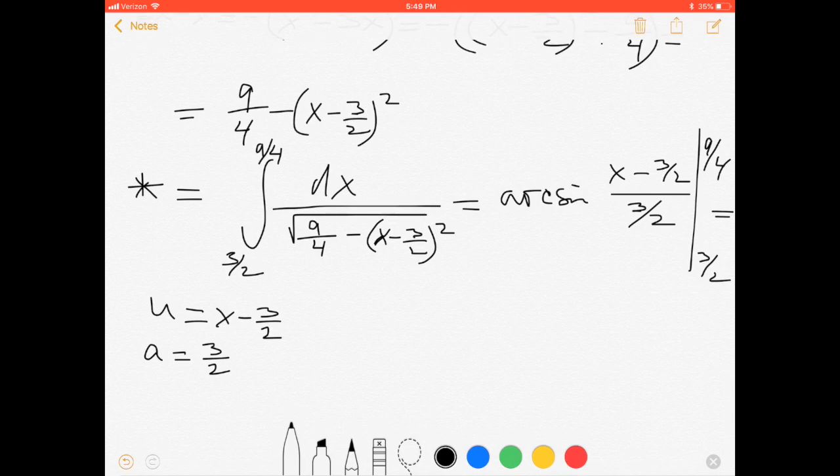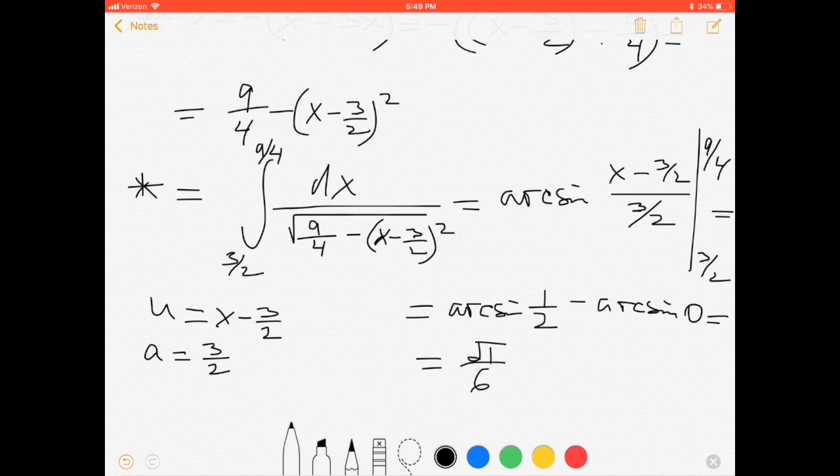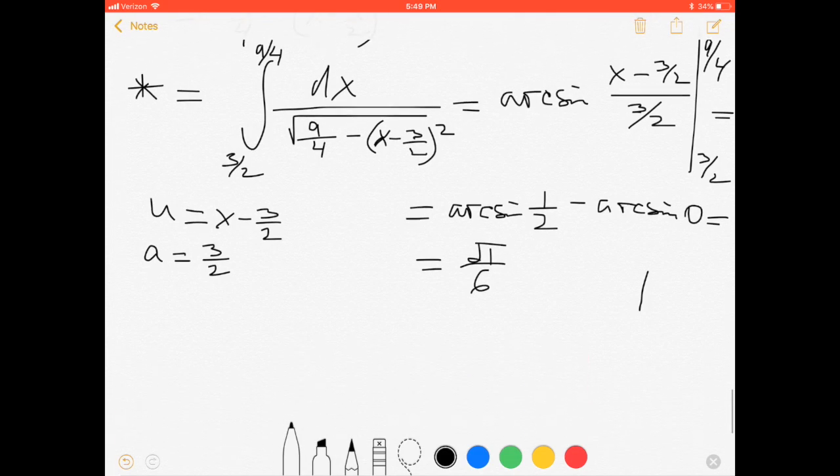If you plug in 9/4, you have 9/4 minus 3/2 and then divide by 3/2, you have 1/2. This means here is arc sine of 1/2. If you plug in 3/2, you have 3/2 minus 3/2, which is 0. This means minus arc sine of 0. Arc sine of 1/2 will be pi over 6. Arc sine of 0 will be 0. This means we finished solving our problem.